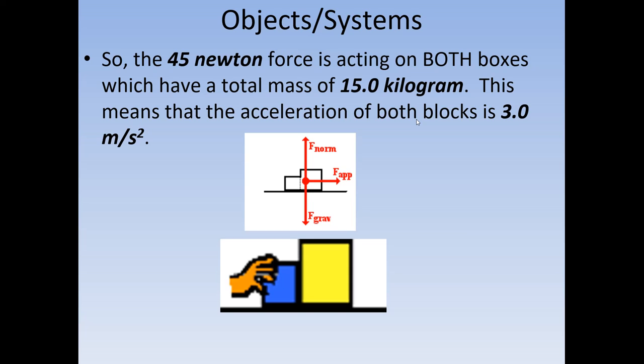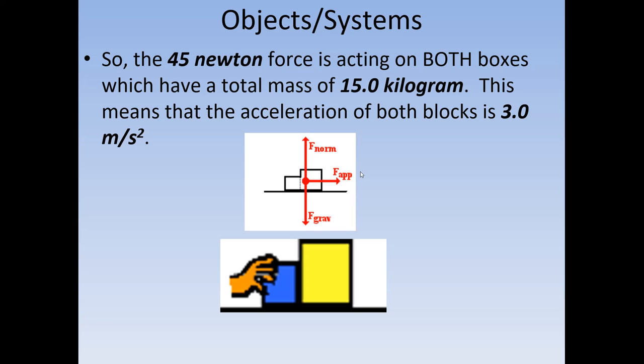So I can consider it as affecting the 15 kilogram block. I can make an FBD where I ignore the fact that this is technically two blocks and just treat it as one big block. So there's a force of gravity, a normal force, and the applied force. I plug these numbers in and I get 3 meters per second squared as my acceleration.